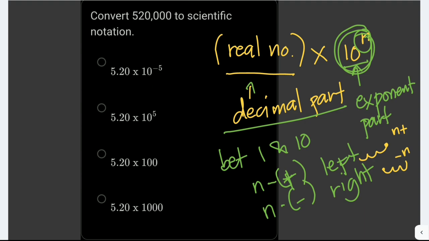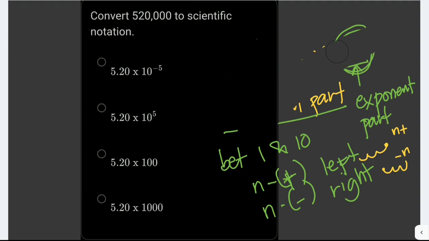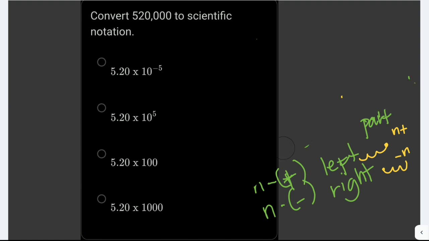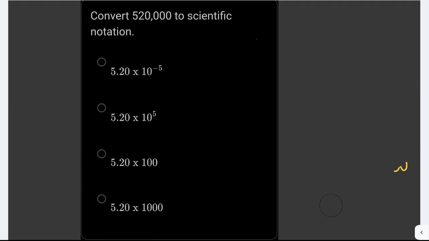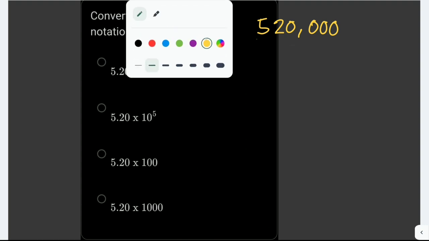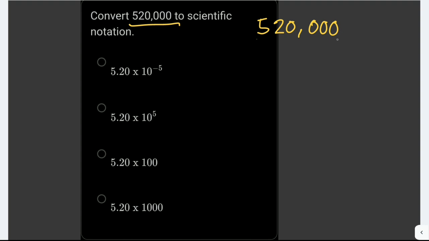All right, so now let's convert 520,000 to scientific notation. To express this number, we first write the decimal part with the decimal point after the first digit. So we disregard the 0s here.